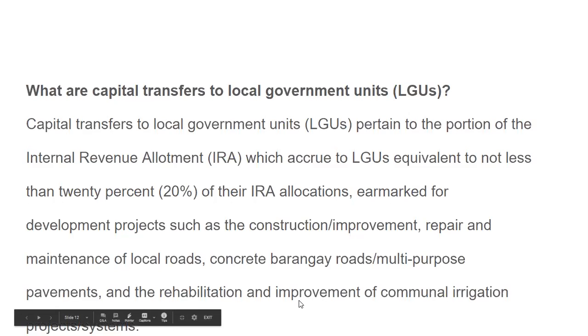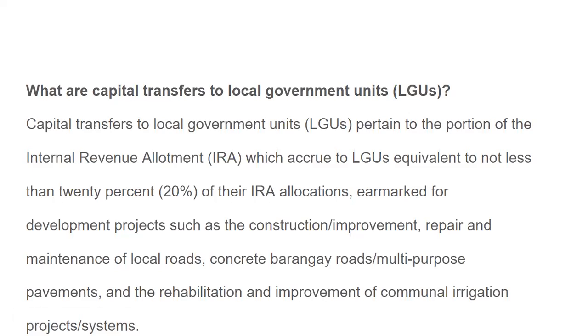Okay. So by the way, there is a provision, although there's a limit on the portion of the income that will go to the IRA, but Congress may lower it in case of emergency and when the economy is not doing well.